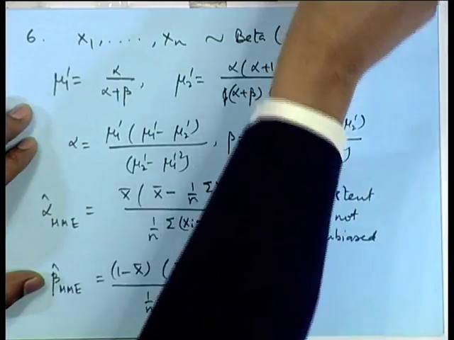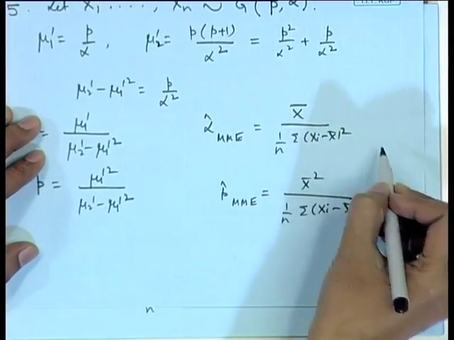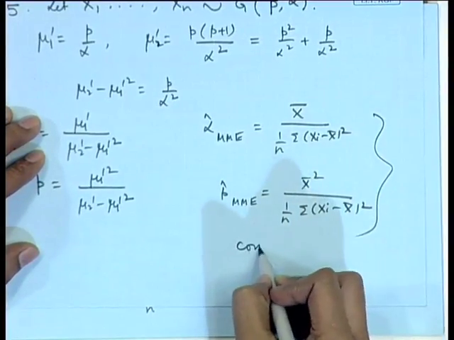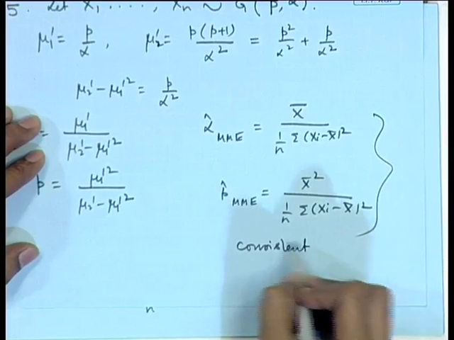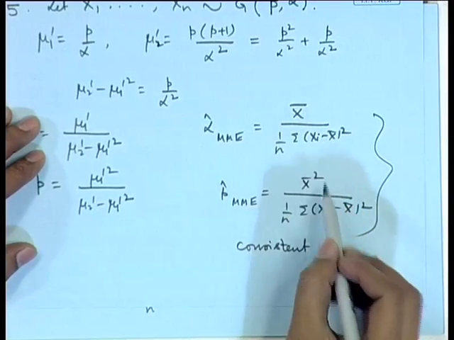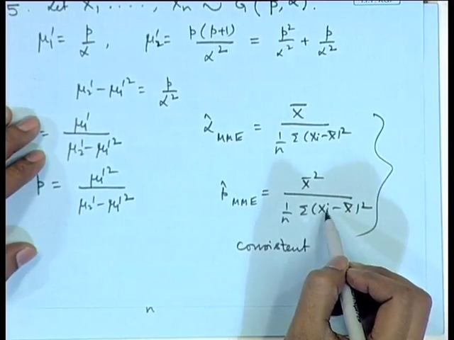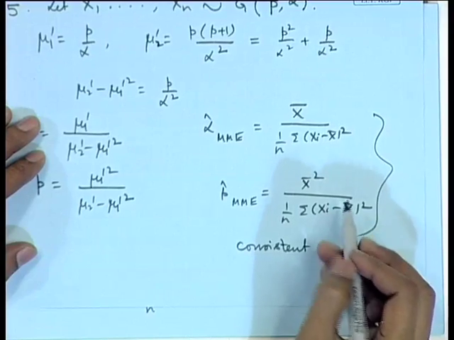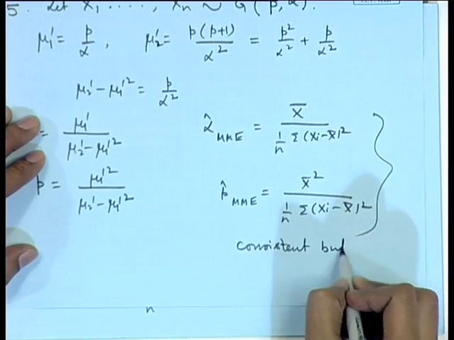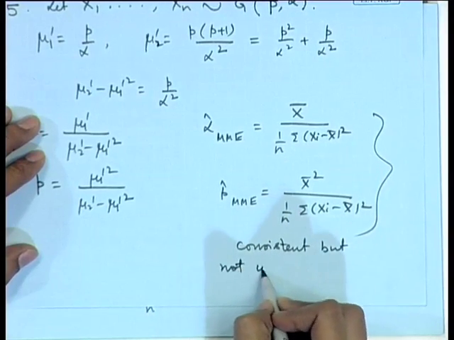Same thing is true in the gamma case also, that these two will be consistent, as x bar will be consistent for mu 1 prime and sigma x i square by n will be consistent for mu 2 prime, but again they will not be unbiased.